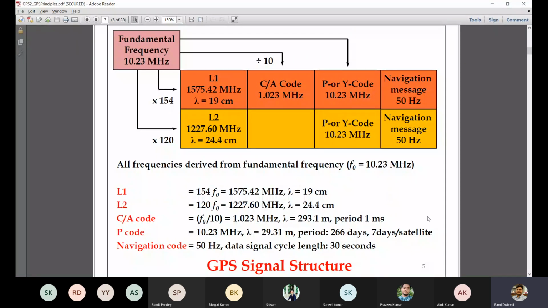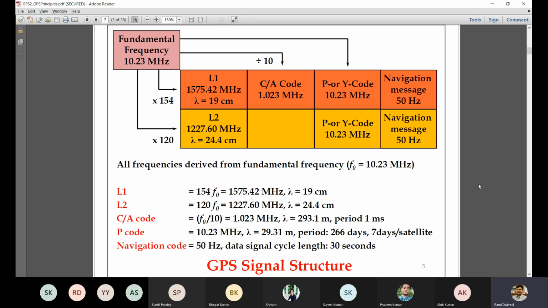The other most important aspect which you should not forget is that the CA code has a period of 1 millisecond, but the P code repeats after 266 days. That means it is a huge long code of 266 days, and a week-long segment of the code is allocated to each individual satellite.